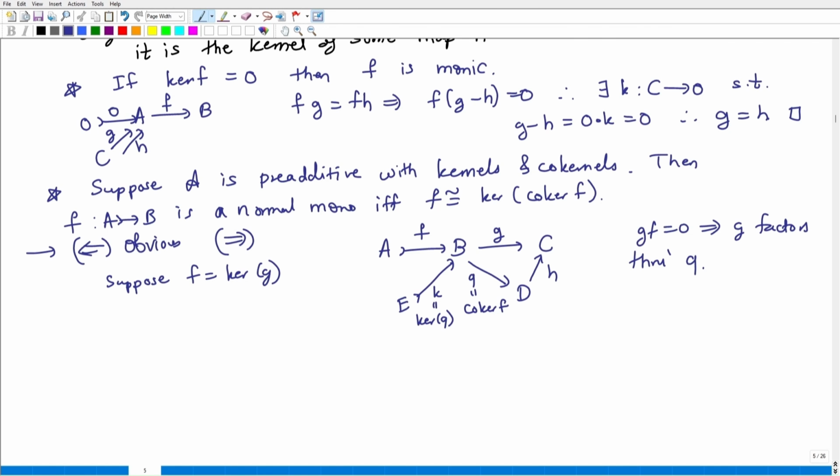We obtained it as, there exists a unique morphism, let's call it H.